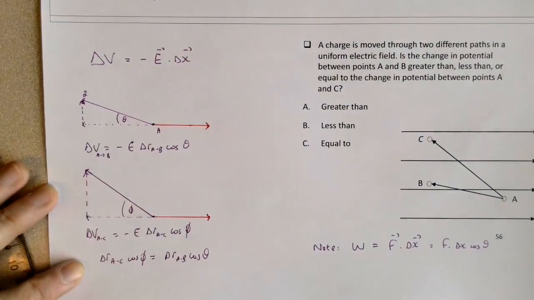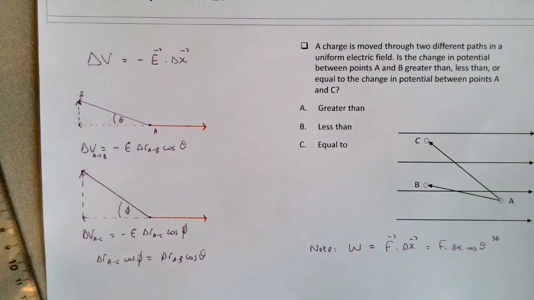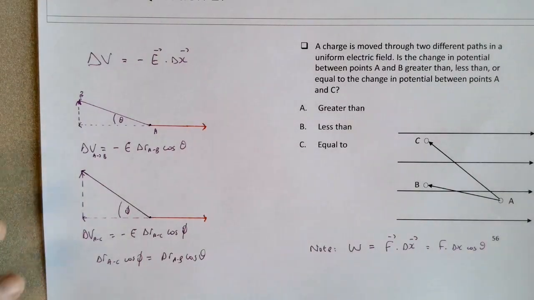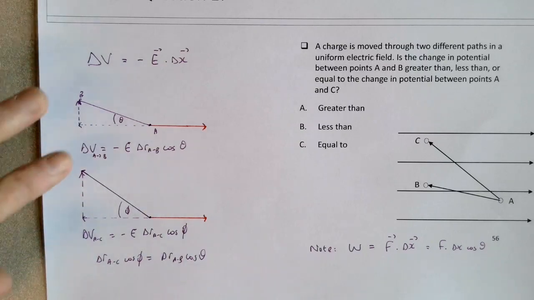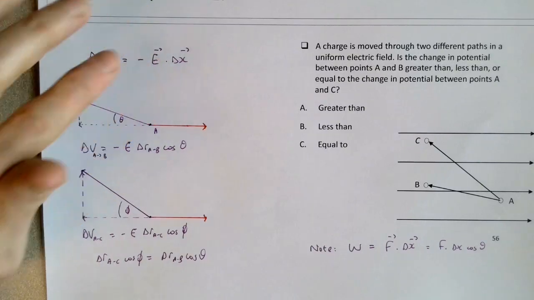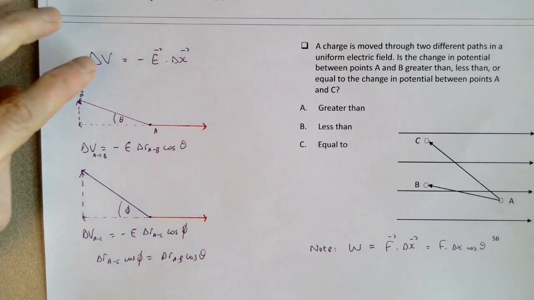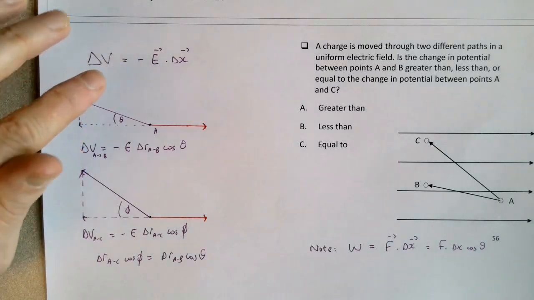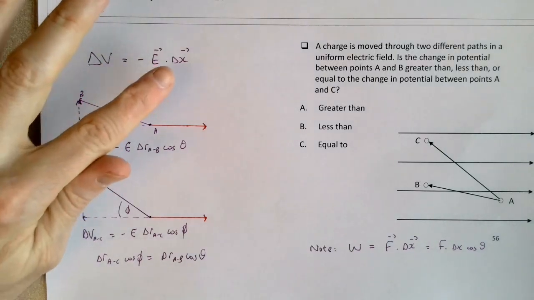So their x components are the same, so we get the same change in potential. This goes back to first principles: the change in potential between two points depends on the field between those points and the displacement.